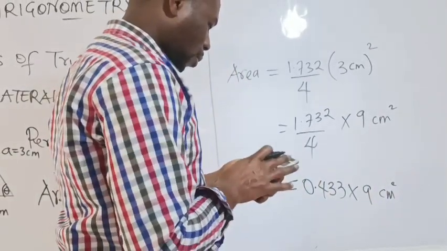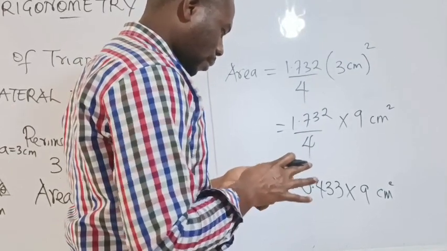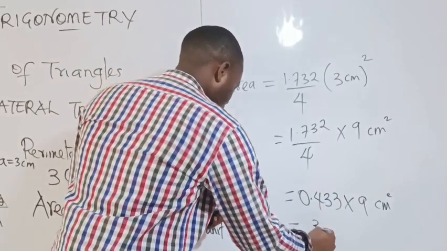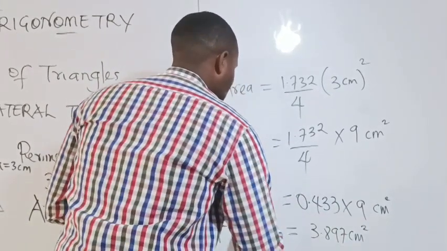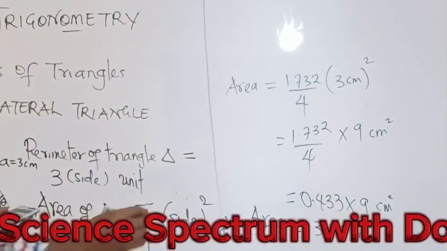So 0.433 times 9, the answer turns out to be 3.897 squared centimeter. This is the area of an equilateral triangle.